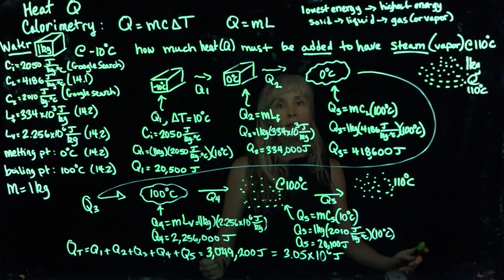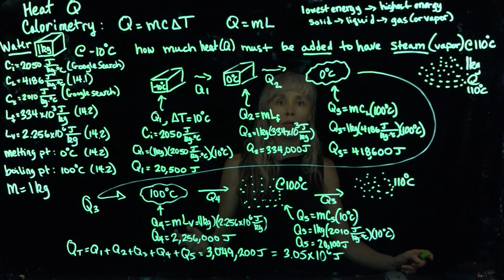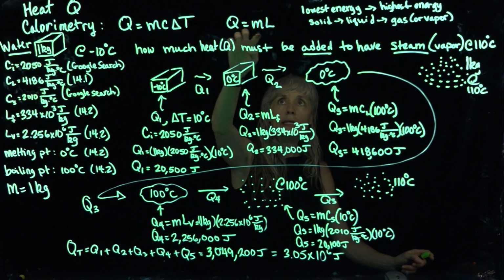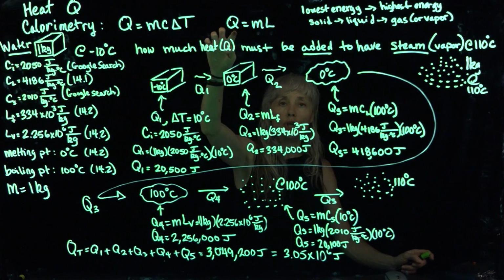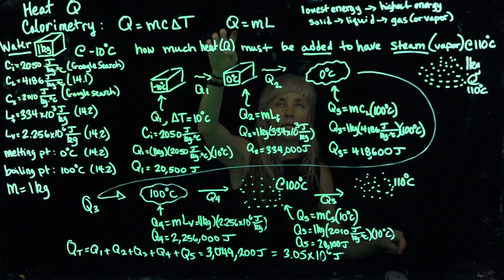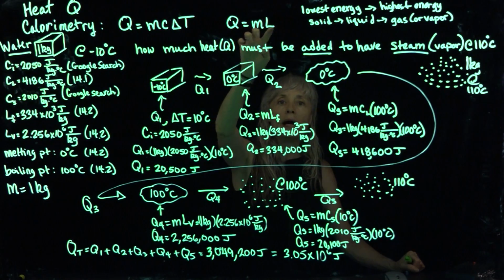If instead the material is at a boiling point or a melting point, then the equation that governs the phase change for that material is Q, where Q is the heat added to or taken away from the material, is equal to mL.